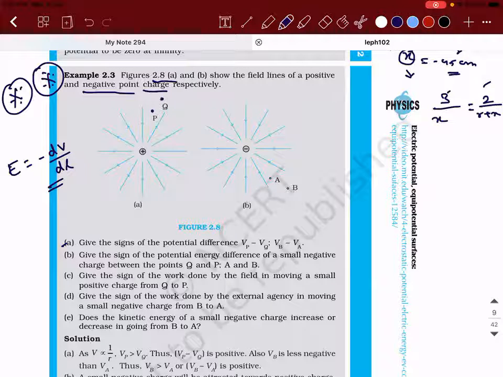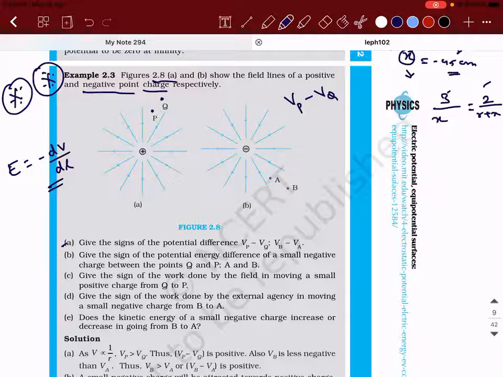We know that the negative sign indicates that the electric field is in the direction of, what did I tell you last time? Electric field is in the direction of decreasing potential. Is that right? So when that is the scenario, what can I say about Vp minus Vq?